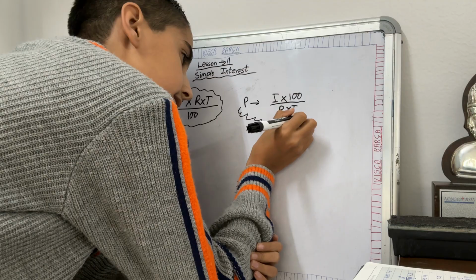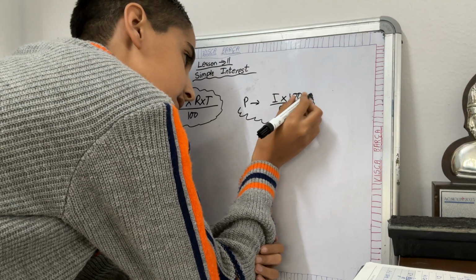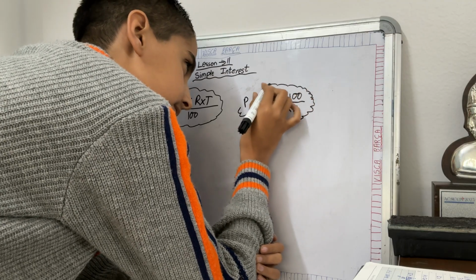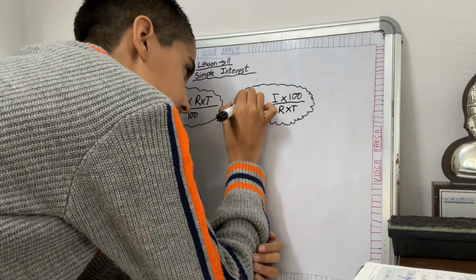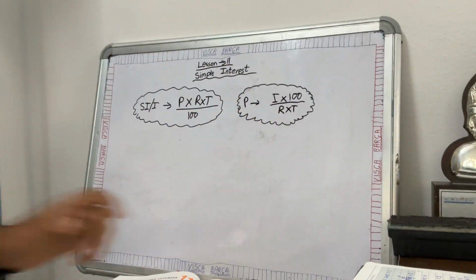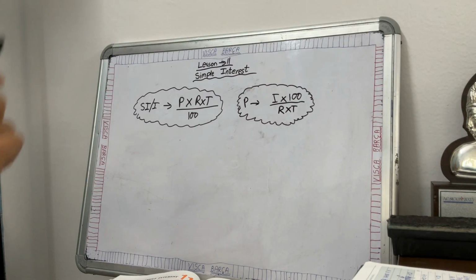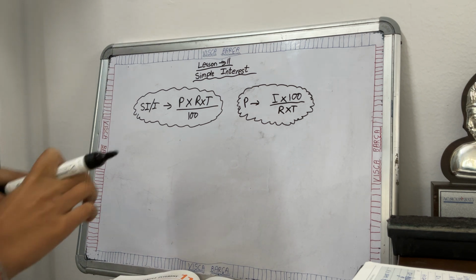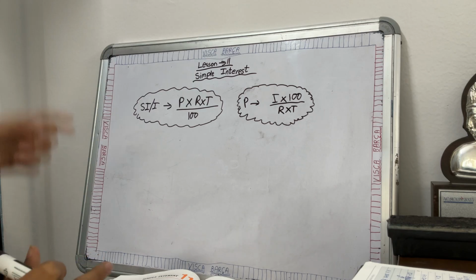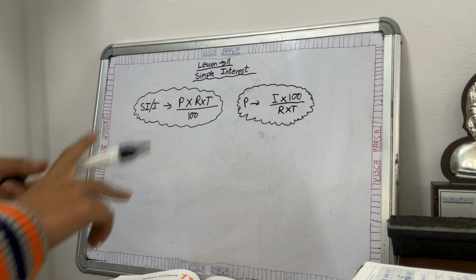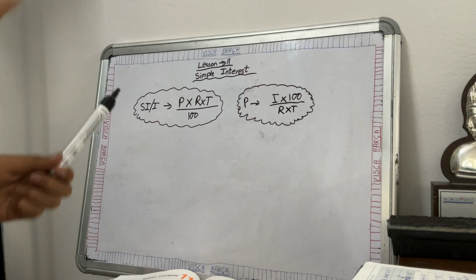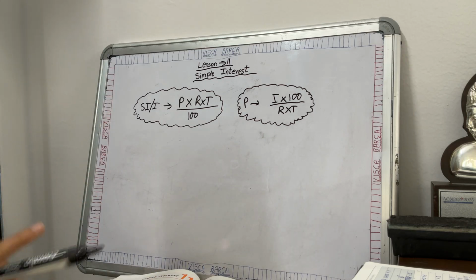Rate is generally in percentage. And time is any time period we call it. Now I'll define all of them in the end. When I write the formulas, then I'll define these terms.